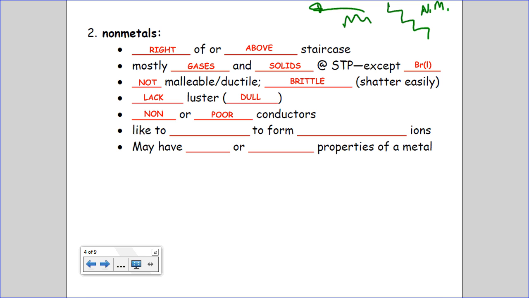A pot holder is made out of a non-metal, so when you grab that hot pot on the stove, the heat does not transfer easily into your hand to get you burned. Nonmetals generally like to gain electrons and form negative ions, or anions. They may have one or zero properties of a metal. So nonmetals could have one or none of the properties of a metal, depending. Generally speaking, they have zero.